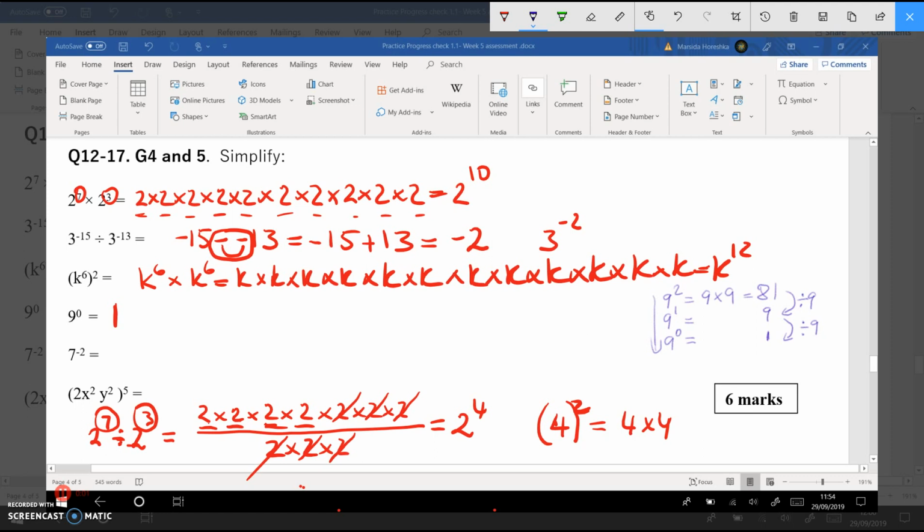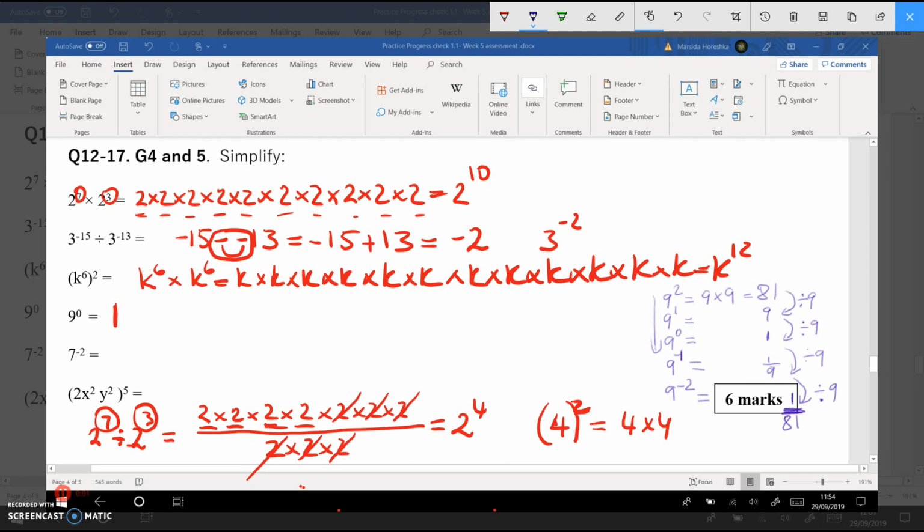So if we have 9 to the power of minus 1 now, so 1 less than 0, that is going to be 1 divided by 9. So it is 1/9. And 9 to the power of minus 2 is going to be the same as 1/9 divided by 9, which is 1/81.